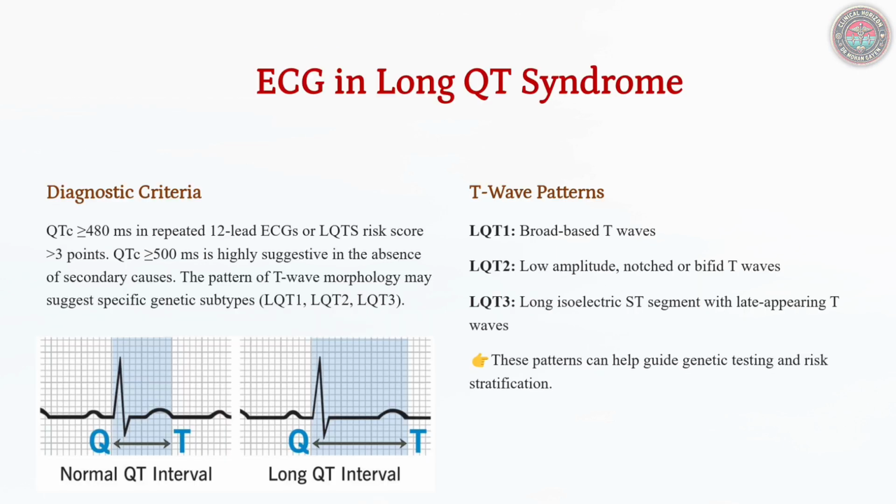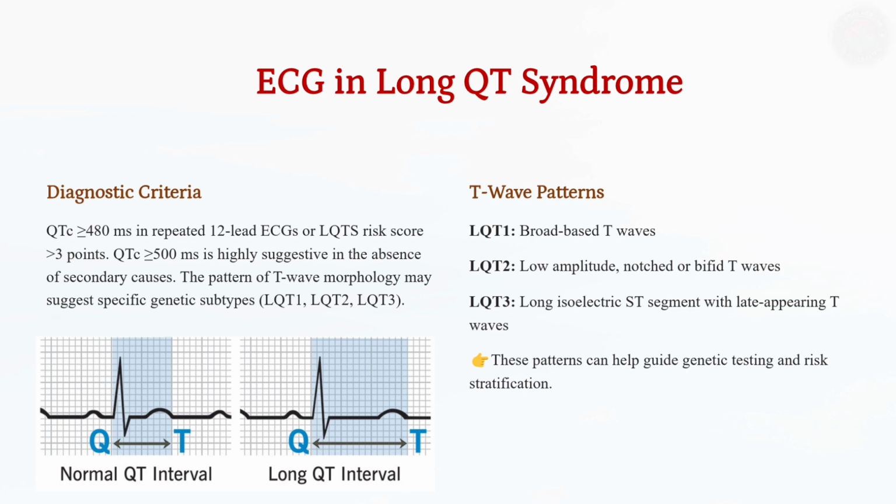ECG in long QT syndrome. Long QT syndrome is a disorder of delayed ventricular repolarization, predisposing individuals to torsades de pointes and sudden cardiac death. The ECG hallmark is a QTc interval greater than or equal to 480 milliseconds, with distinct T-wave morphologies depending on the genetic subtype.